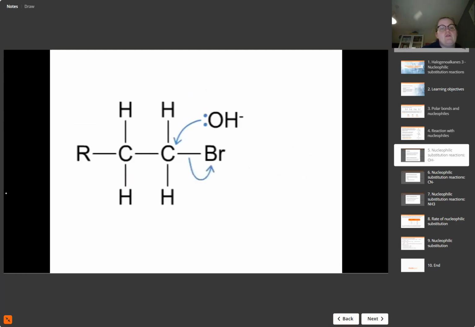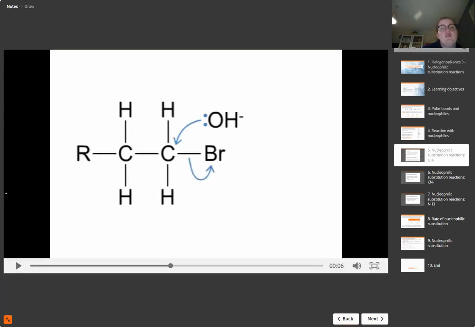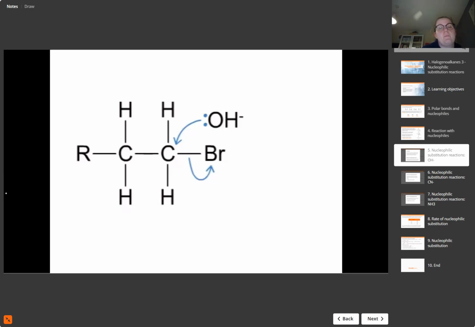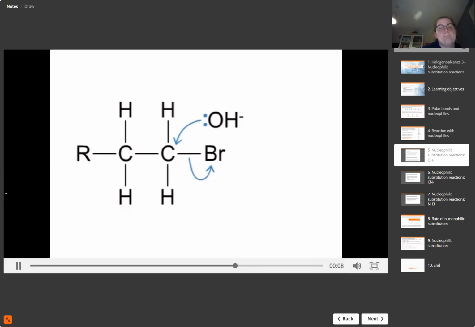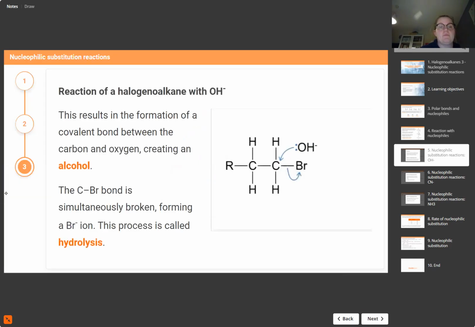So the electrons from the hydroxide ion are attracted to the carbon. We've now got an electron density around here, so the electrons that are shared between carbon and bromine are repelled towards the bromine. Finally, the result of this is the formation of a covalent bond between carbon and oxygen, creating an alcohol.